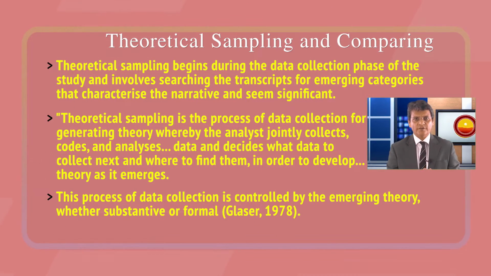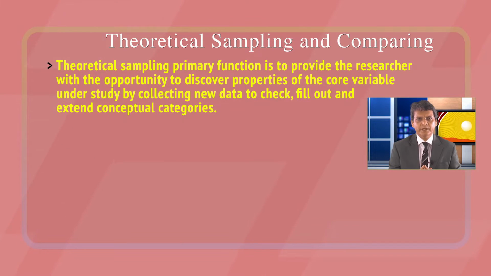This process of data collection is controlled by the emerging theory, whether substantive or formal. Theoretical sampling's primary function is to provide the researcher with the opportunity to discover properties of the core variable under study by collecting new data to check, fill out, and extend conceptual categories.